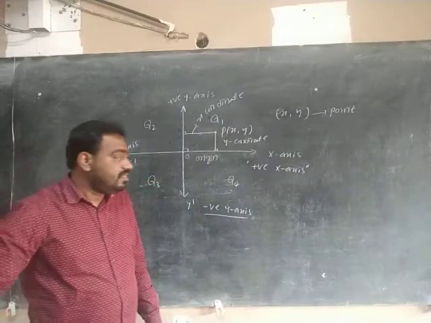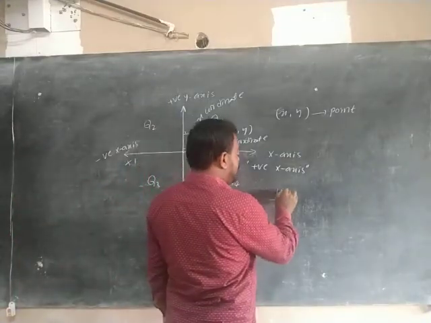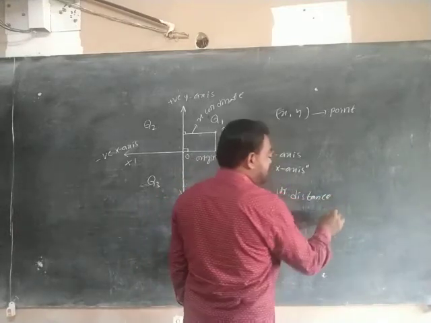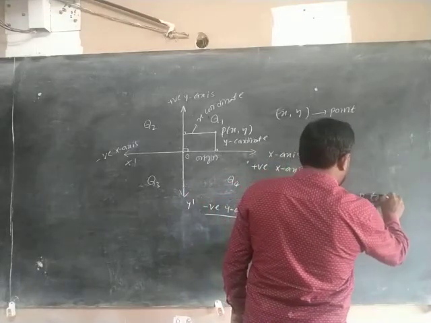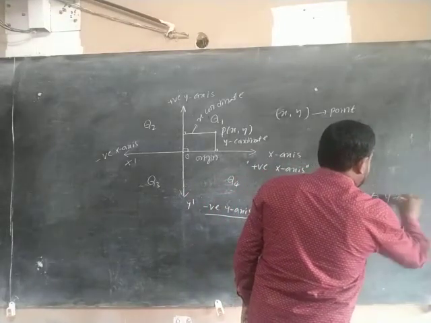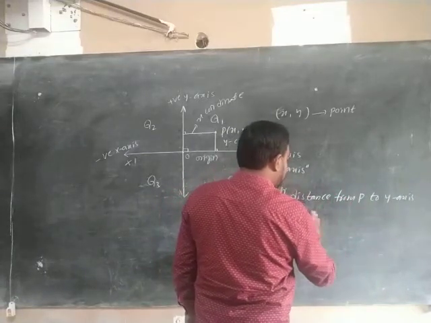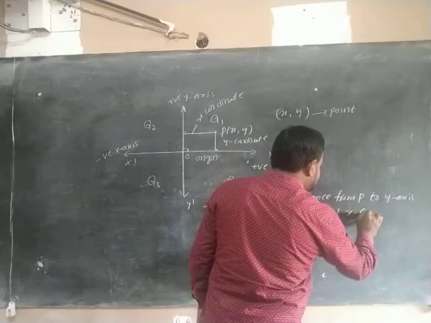Understood? What is the x coordinate? The perpendicular distance from point P to the y axis is called the x coordinate.